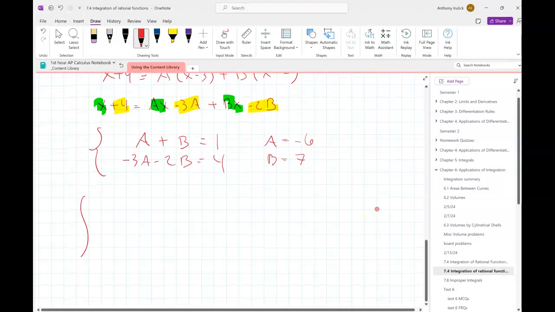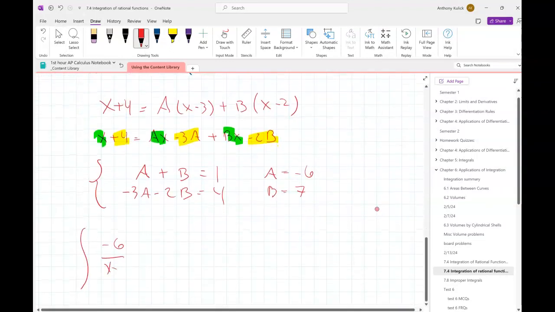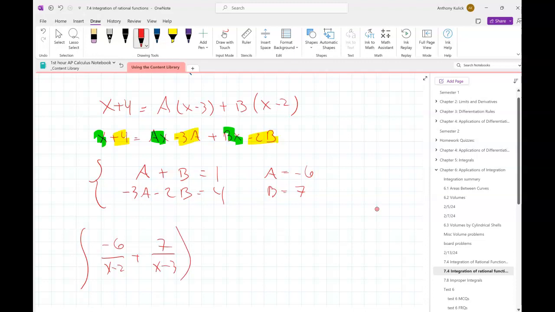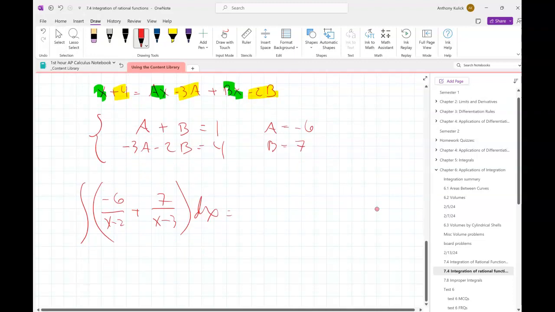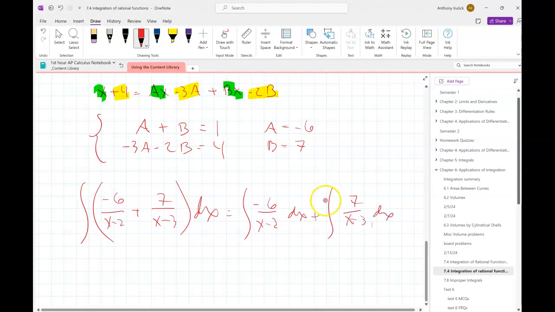So we're going to be integrating negative 6 over x minus 2 plus 7 over x minus 3 dx. Which is lovely, because I know I can just write this as two separate integrals, right?